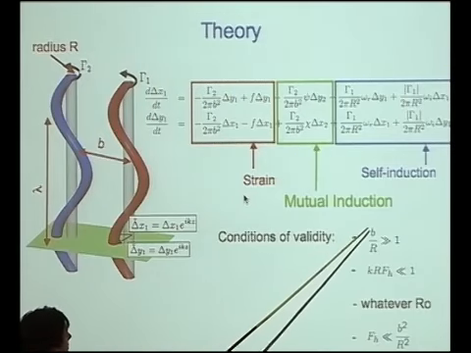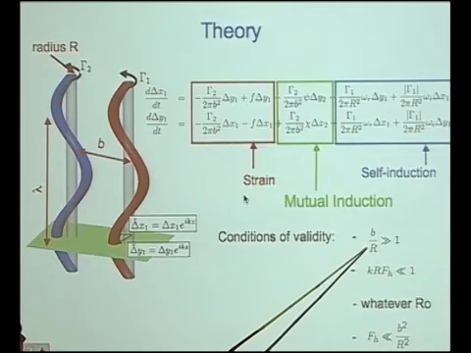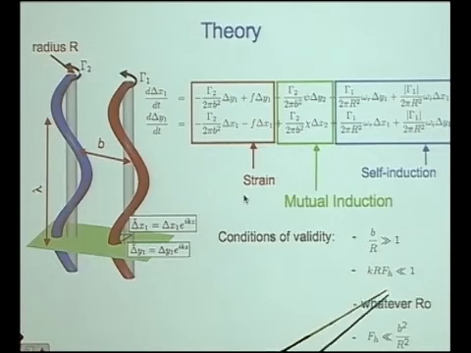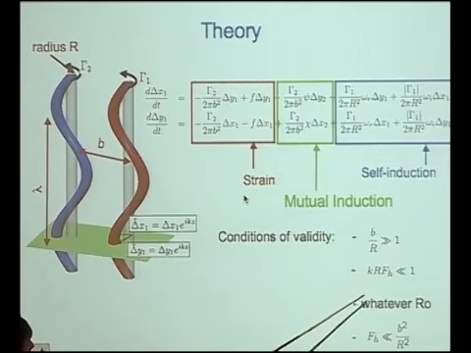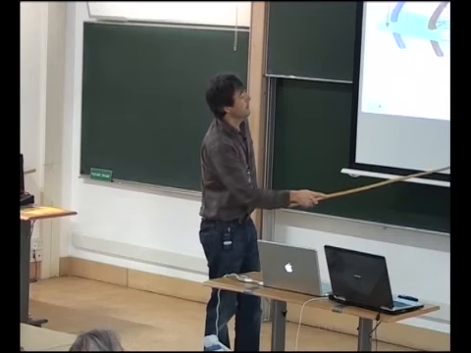Okay, so now we have seen the three effects. I would like to recall the conditions of validity of this equation. They are valid when the ratio between the separation distance and the vortex radius is large, the wave number is small when rescaled by the vortex radius and the Froude number.